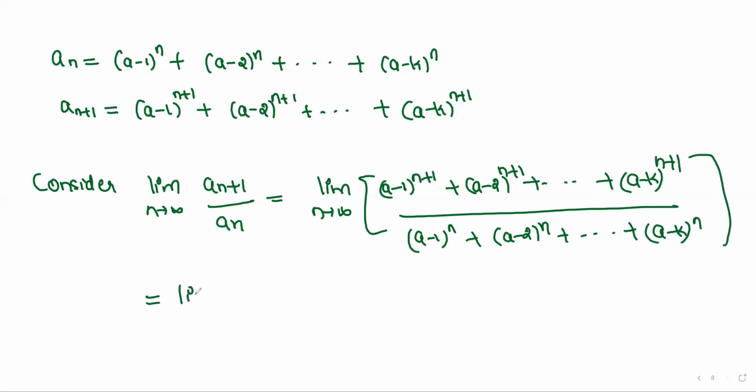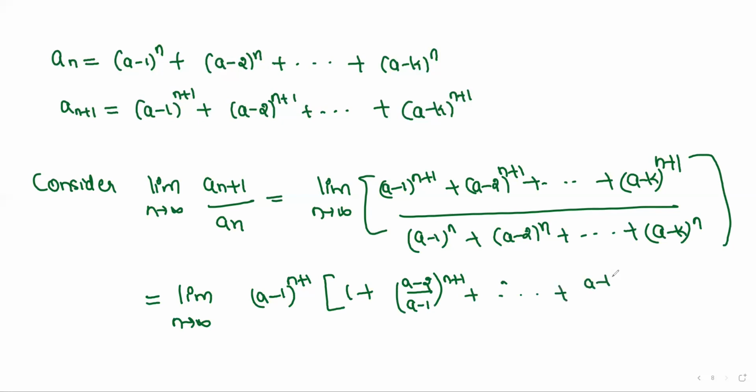Here take (a minus 1) power n plus 1 common, we get (a minus 1) power n plus 1. Taking this term as common, we get 1 plus ((a minus 2) divided by (a minus 1)) whole power n plus 1 plus so on ((a minus k) divided by (a minus 1)) whole power n plus 1.